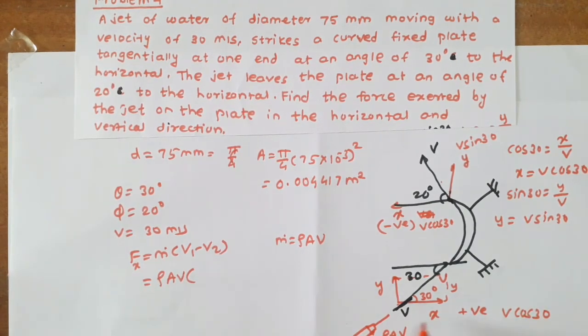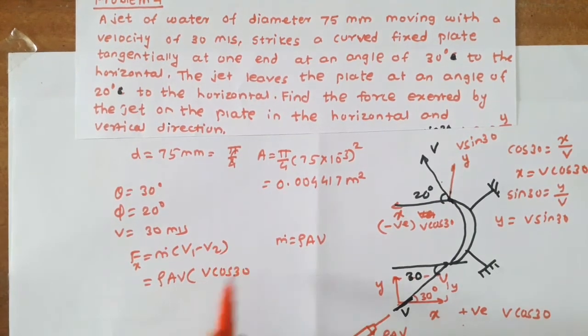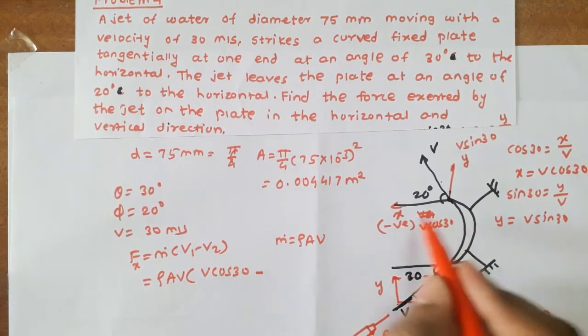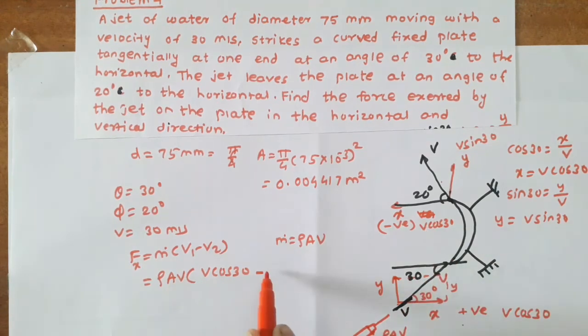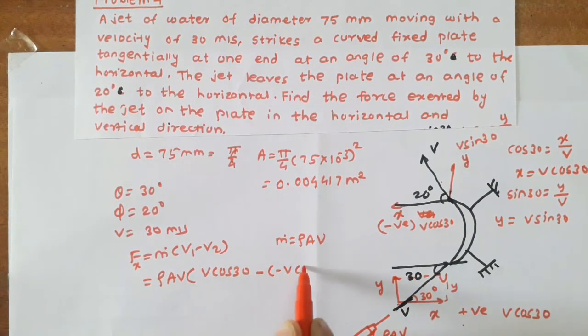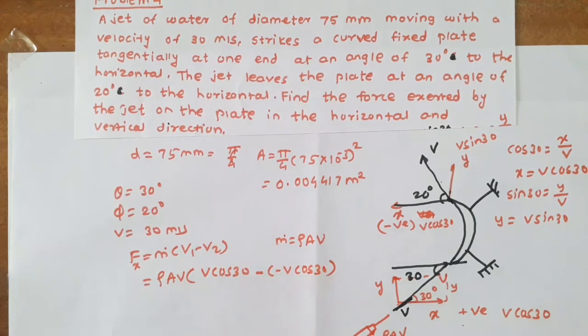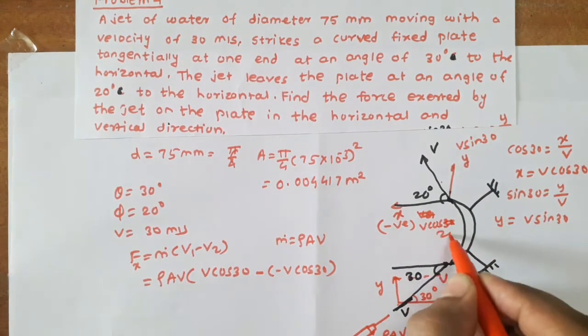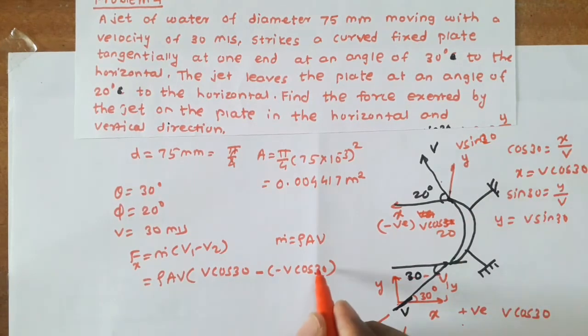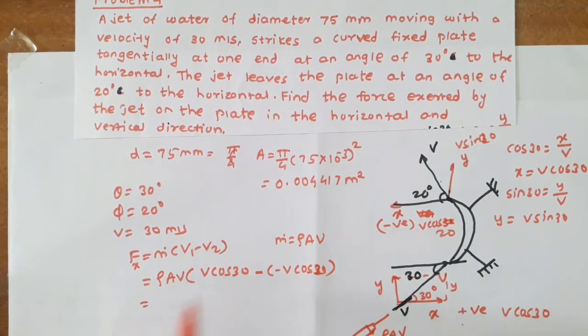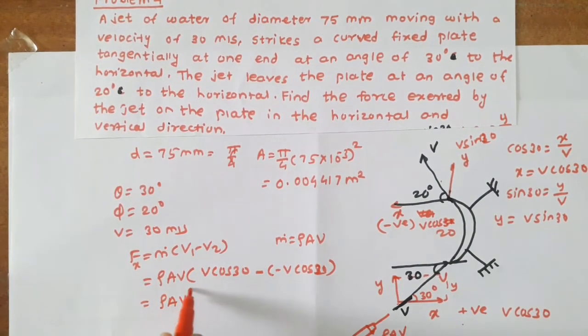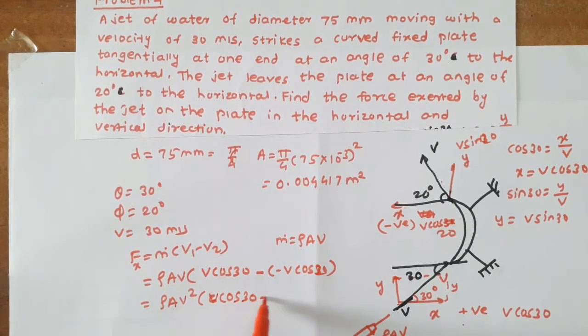Okay, the direction of this incoming velocity is positive, so it is v cos 30 minus, this direction is negative, minus v cos 20. Sorry, this angle is 20. So take v common: rho A v square, cos 30 plus cos 20.